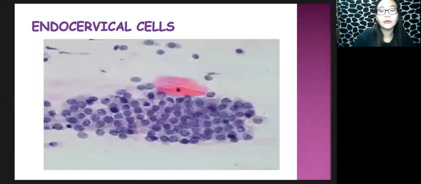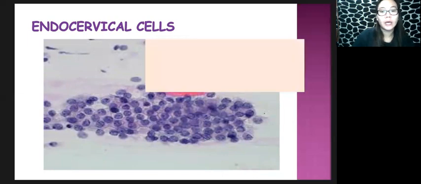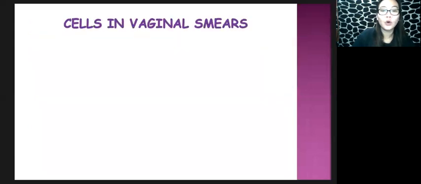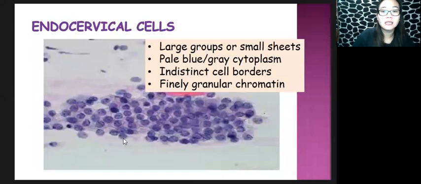Okay. So this is an additional kind of cell that we can see in your vaginal smear. We call them your endocervical cells. Basically, your endocervical cells are usually seen in large groups or in clusters.